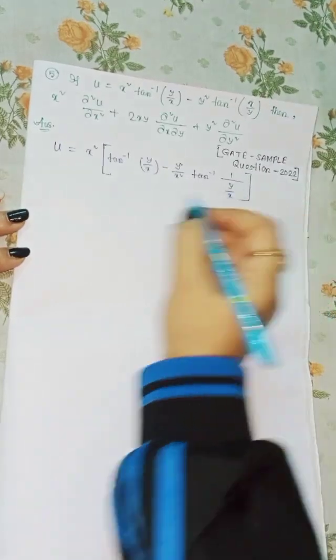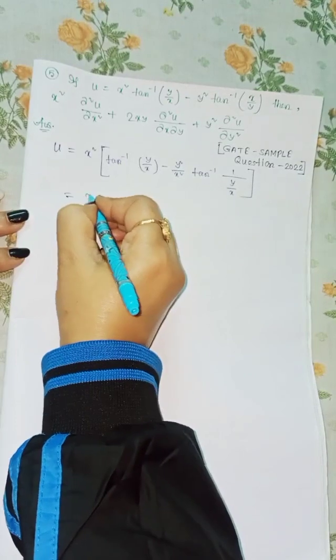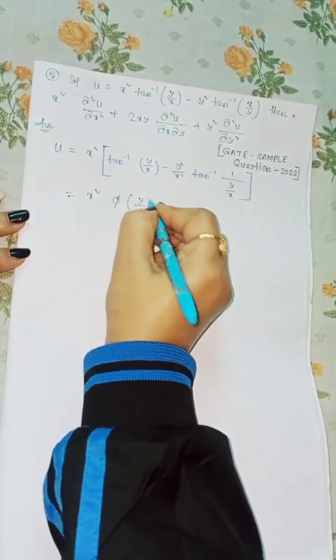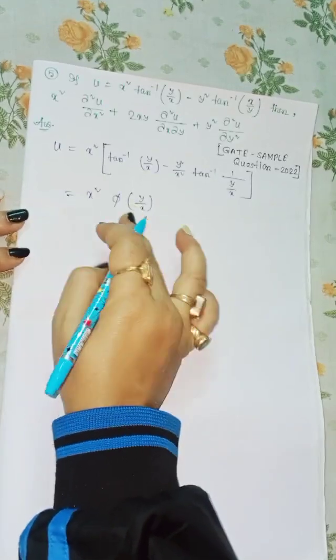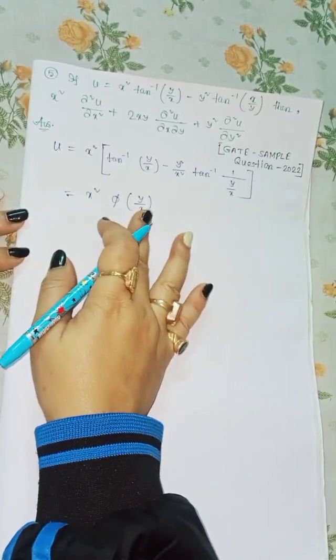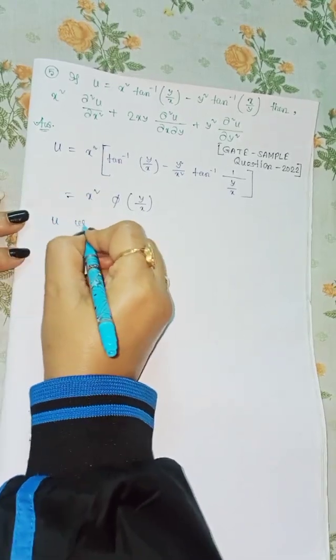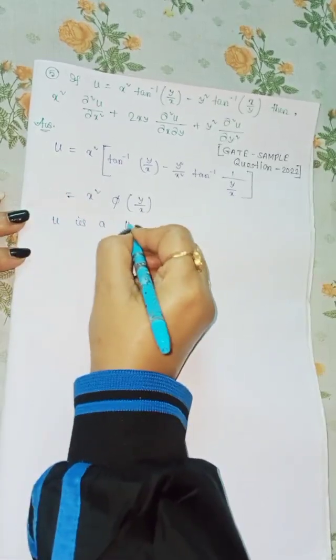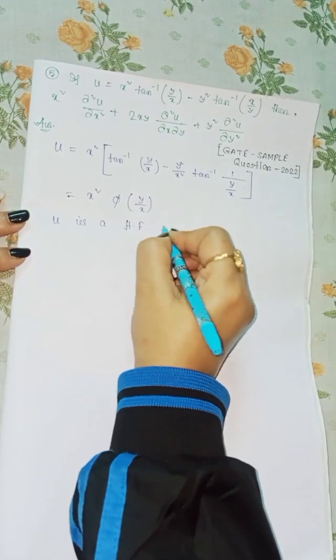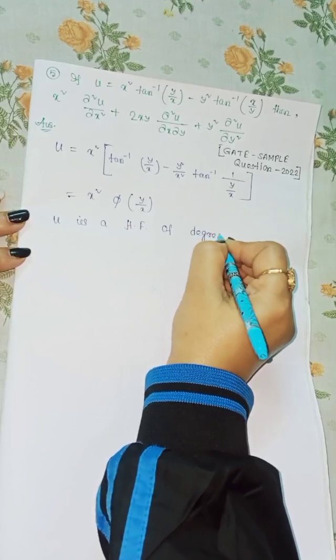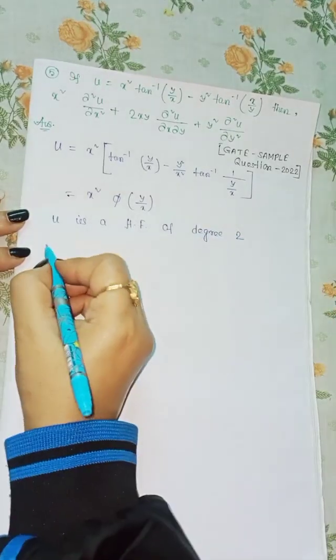So that is equal to x square phi of y by x. So now we see that this one is a homogeneous function of degree 2. So u is a homogeneous function of degree what? Degree 2.